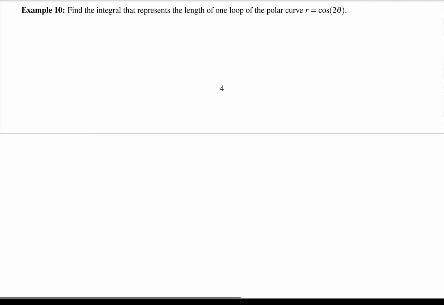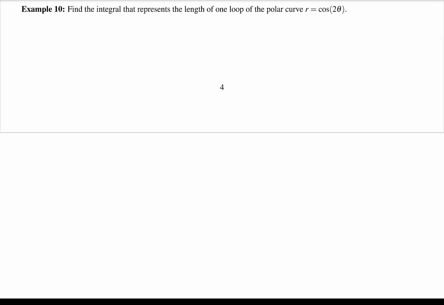All right, and then for our last question, we'll be looking at finding the integral that represents the length of one loop of r equals cosine 2 theta. So we know that r equals cosine 2 theta. We have k is even, so we should have 4 loops. Since it's cosine, the first one starts on the x-axis.